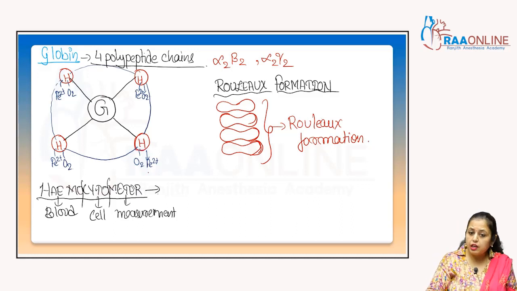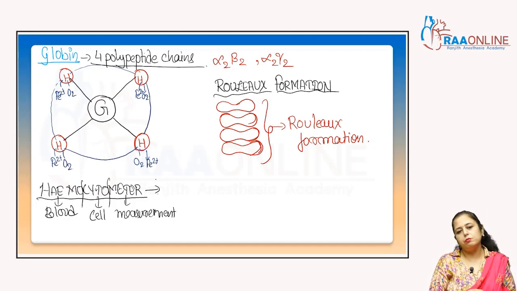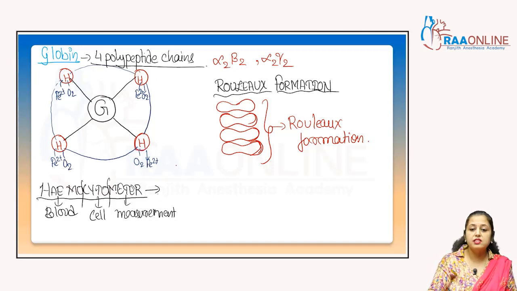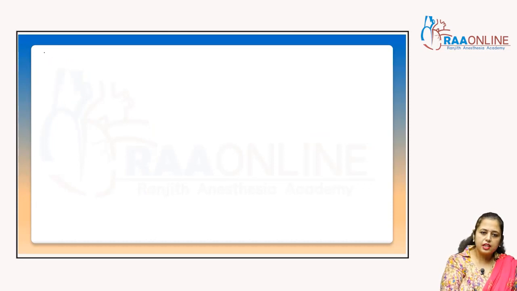Now what will happen if the amount of RBCs or hemoglobin is decreased? It causes the anemia.